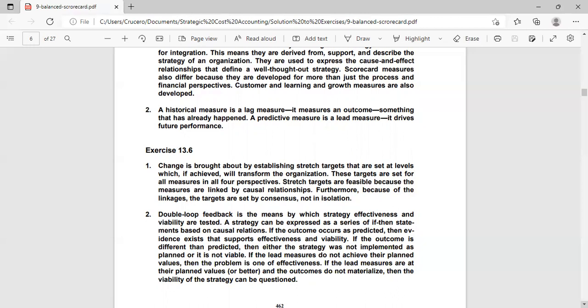Furthermore, because of the linkages, we have double loop feedback.